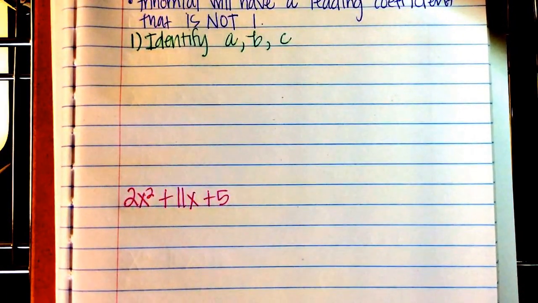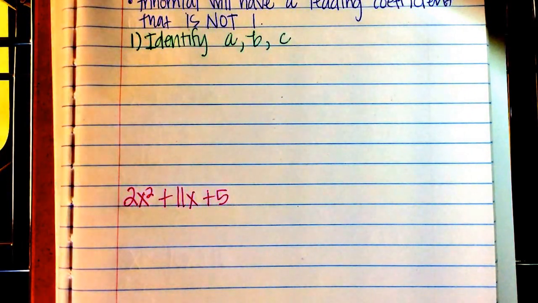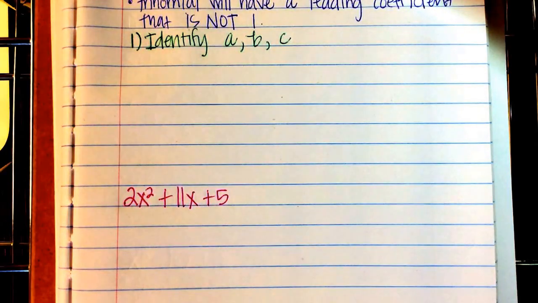Two x squared plus 11x plus 5. So can you tell me what is the A? Everybody. 2. What's the B? 11. What's the C? 5. Perfect. Step 1, is it easy? Do you feel confident? Are you like, yes, this is going to be the easiest homework we've ever had? That depends on the rest of the steps.